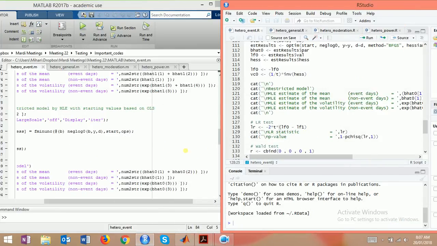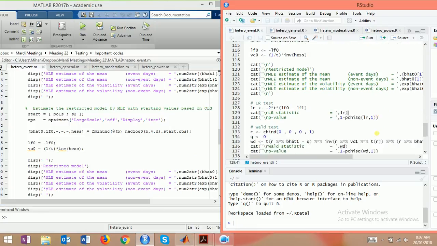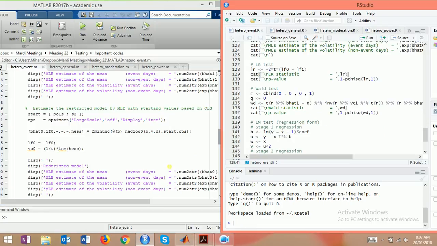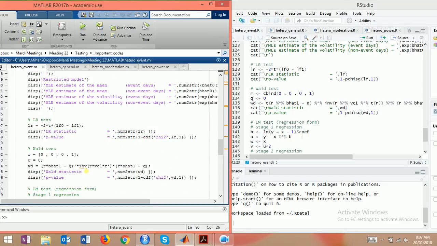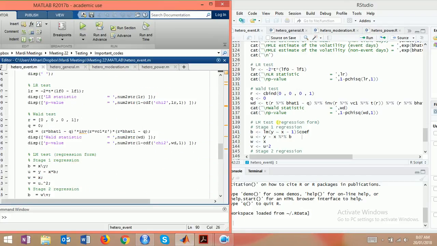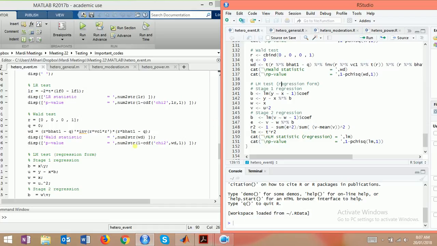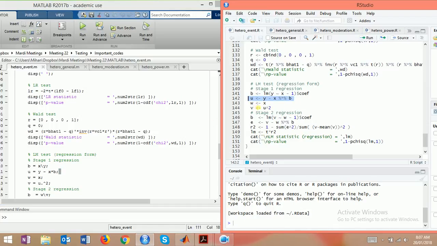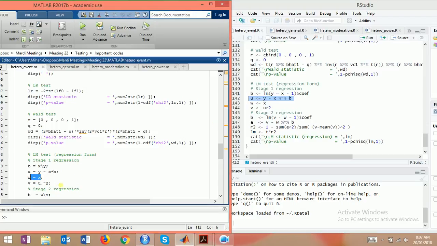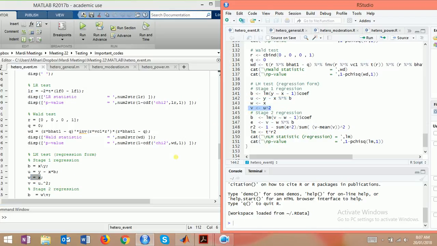So likelihood ratio test, Wald test. Yes, obviously the fourth element equals 1, so column bind, they are coming in column, and then we do this. And LM test, 2-stage regression. First regress y on x, you represent the residual with u, and w is x, and v is u square.